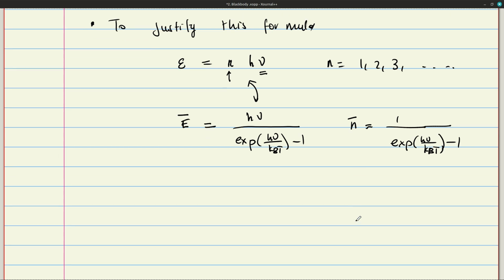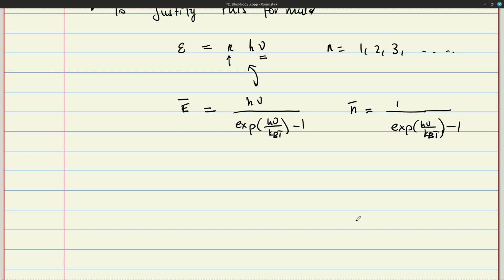So let me give some references to give an idea of numbers. For orange light, which is visible, nu is 5.00 times 10 to the 14 hertz.